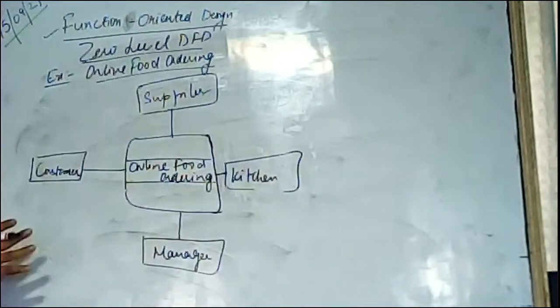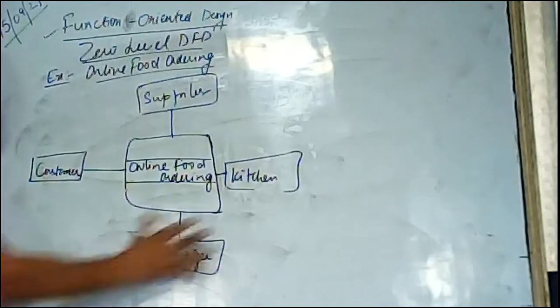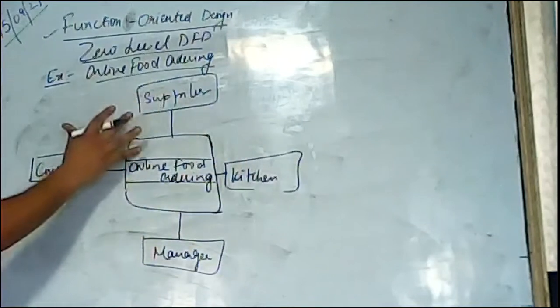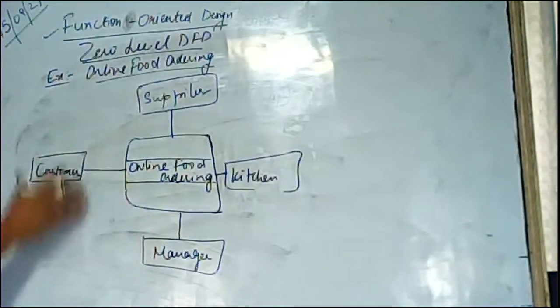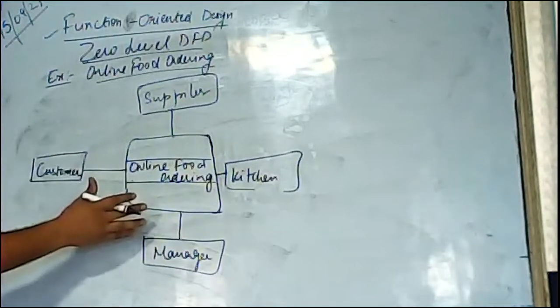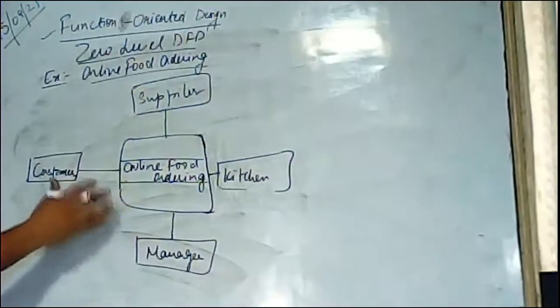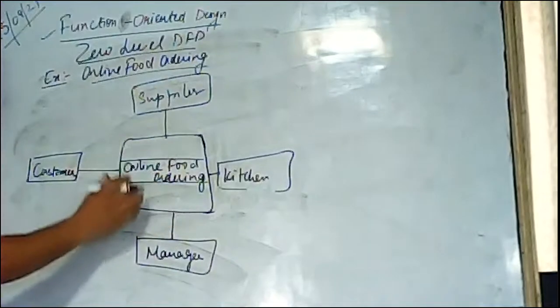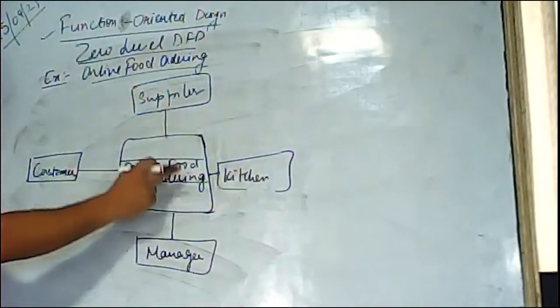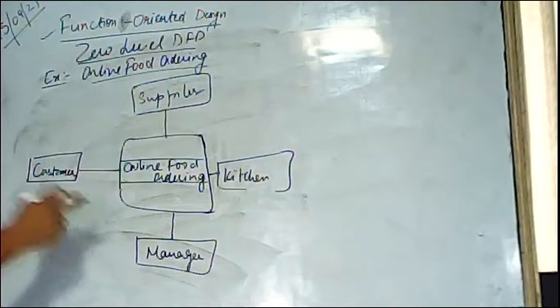In the zero level, you will give a brief structure of your project, how it will be drawn or represented in a graphical way. This is the process, and we will give the name of our project to this process. And what are the entities?